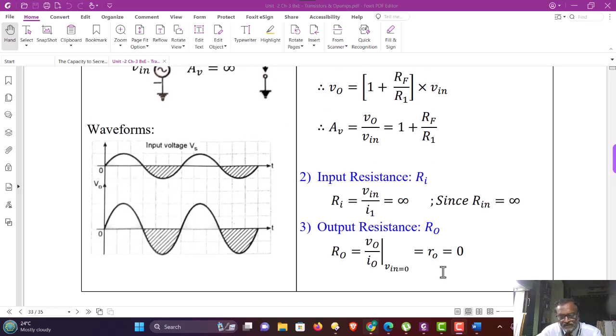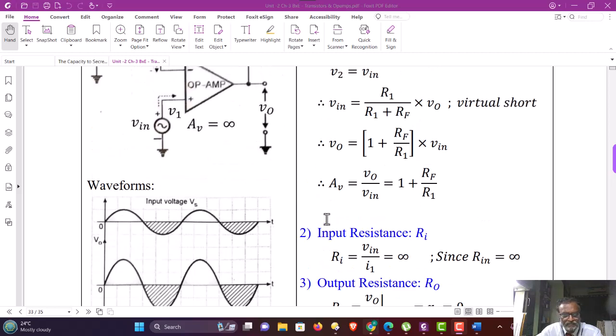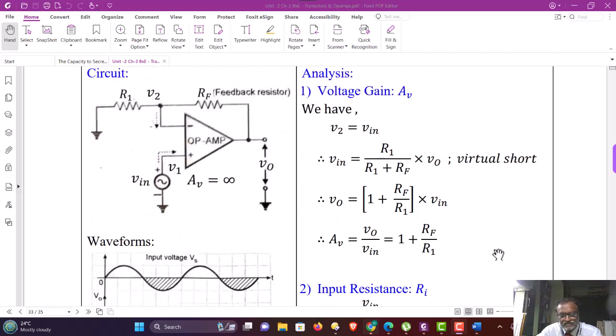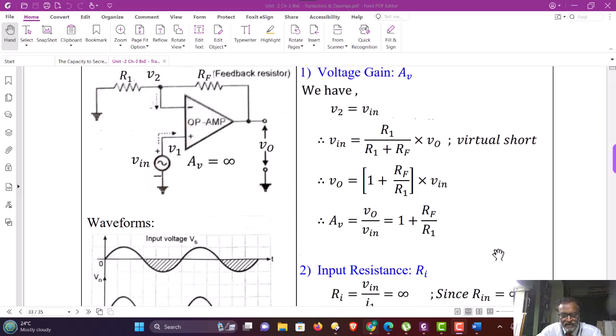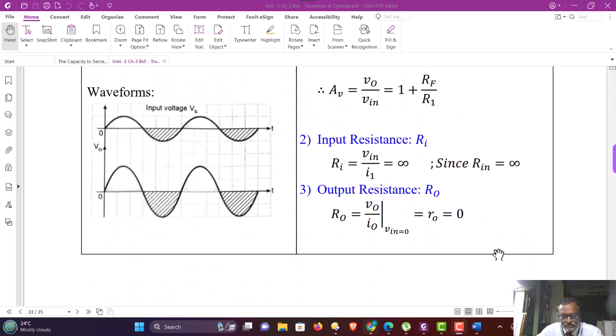Whereas for a practical operational amplifier, this value is very, very small. And with negative feedback provided by R1 and RF, it is further reduced to a very low value, nearly approaching 0. Therefore, the output resistance of the non-inverting amplifier with feedback is approximately 0.